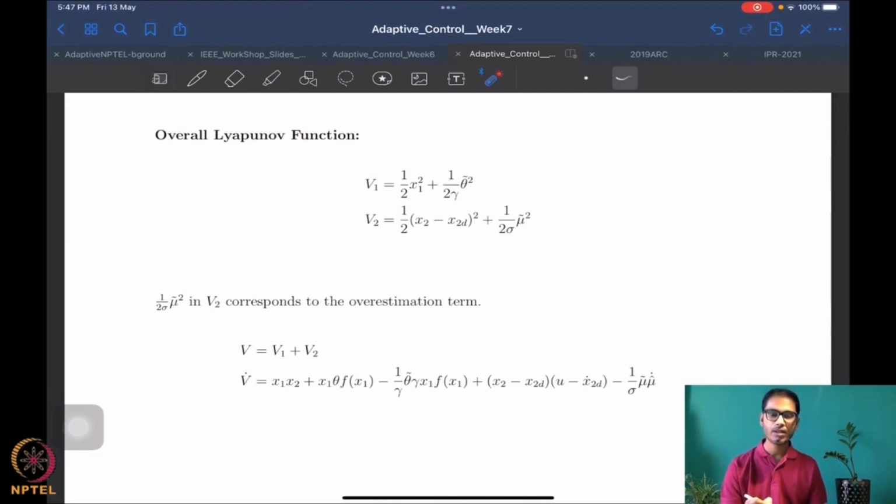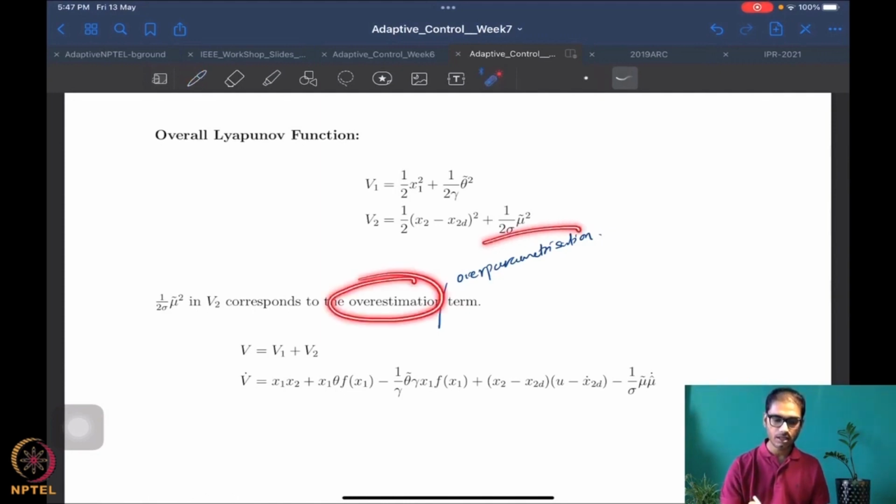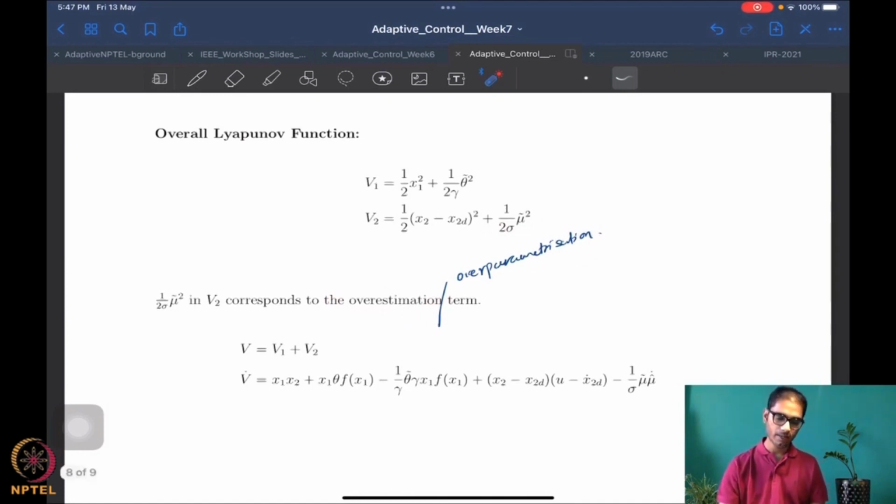So this is known as overestimation, or over parameterization. Okay, what does it mean? It means that I use multiple estimates for the same parameter. All right, so this is called over parameterization.